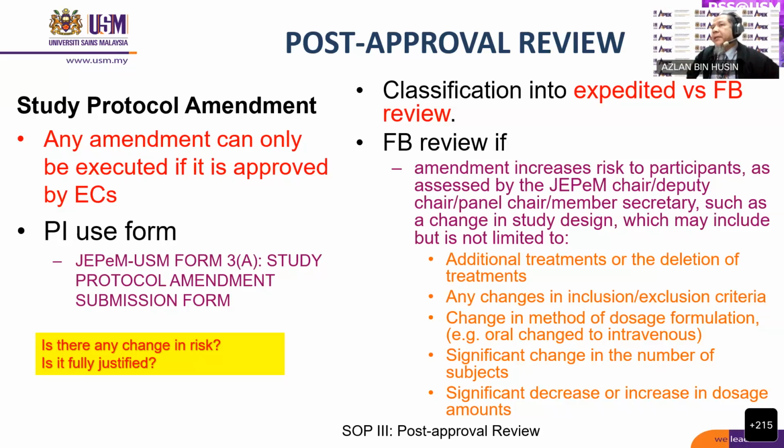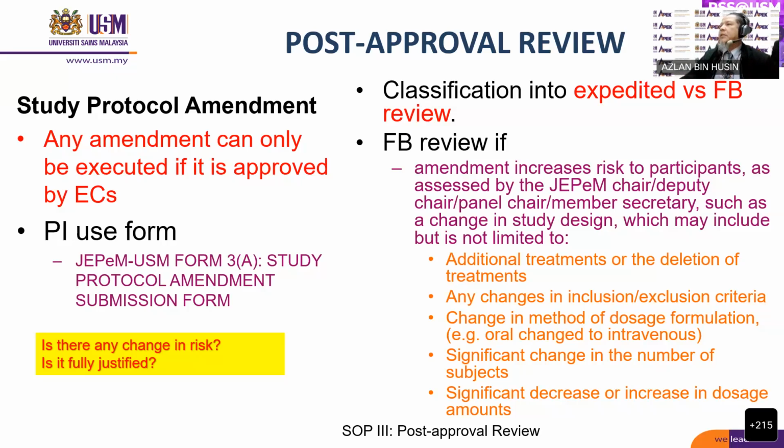So what happens is that during the running of your research, there may be some protocol amendment that you want to do. Important to note that any amendment can only be executed once approved by the ethics committee. In our case, it is USM, right? So you can use this form to justify why you need to do this amendment, whether it's going to provide better risk certification, and justify the change.